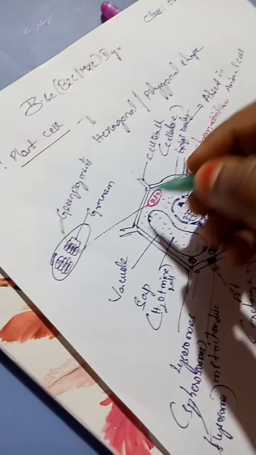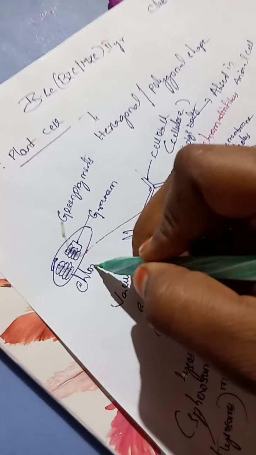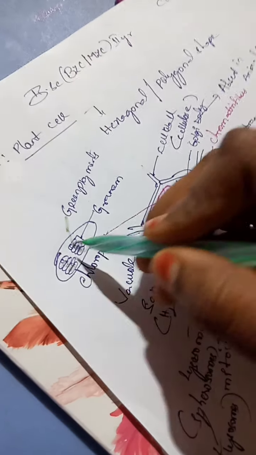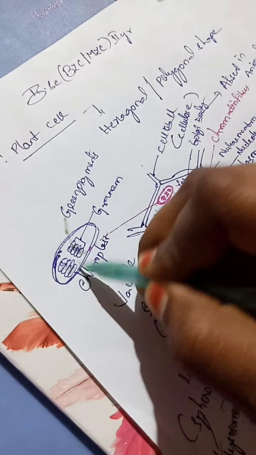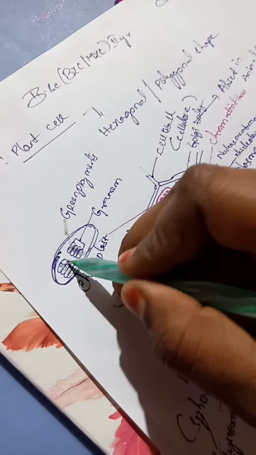Chloroplast, what I have drawn here, this is the structure. These plastids are double layered. The outer layer is smooth, the inner layer is also smooth, and inside we can find the thylakoids.